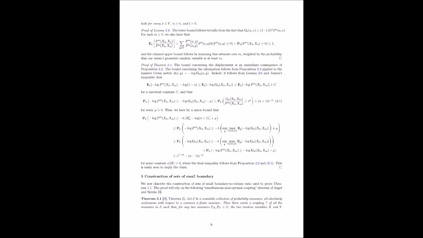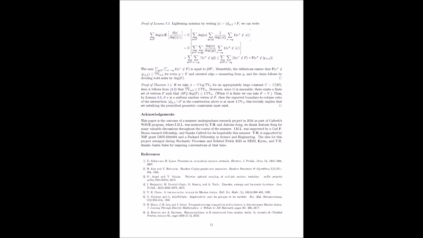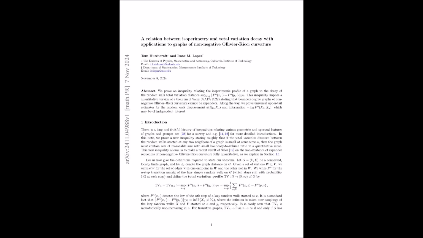So they're using these coupled random walks to create clusters of points that are both geographically and informationally close. Yeah, that's a great way to put it. And because of those tail bounds we talked about earlier, they can control the size of these clusters and make sure they don't get too big. And then the final piece of the puzzle is to show that at least one of these clusters we've created has to have this small boundary to volume ratio.